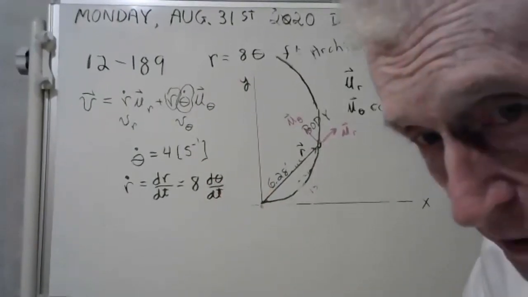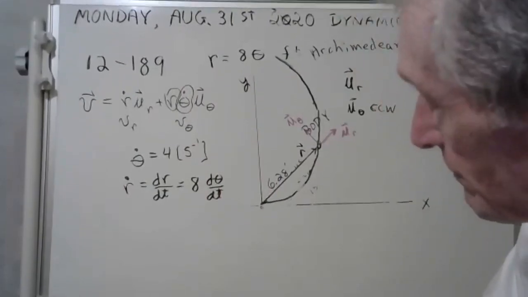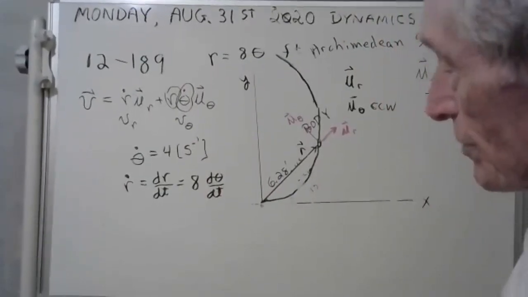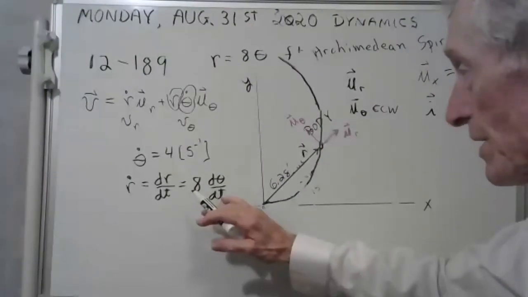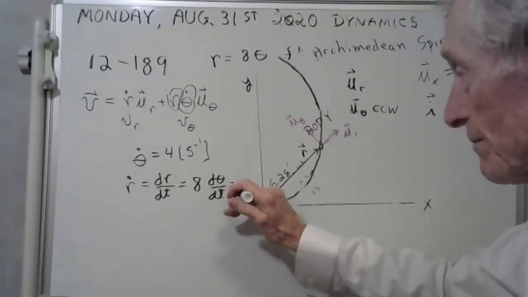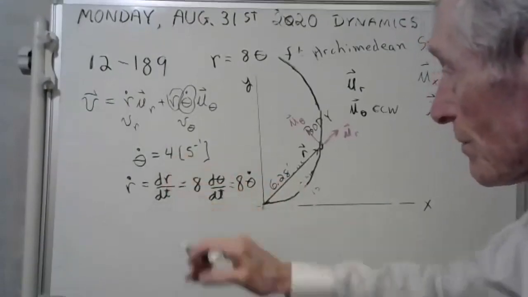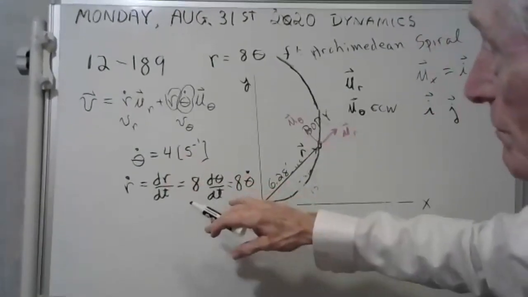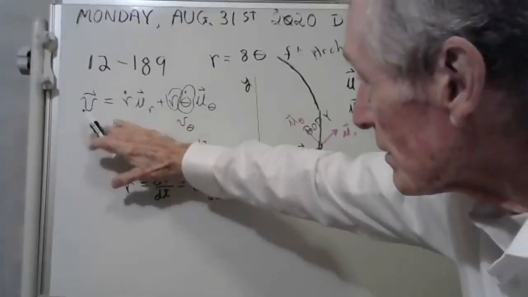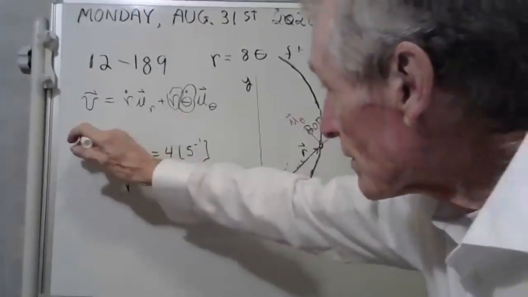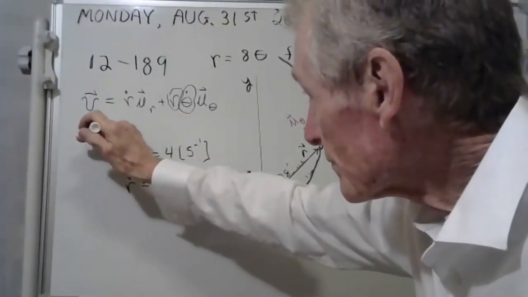I didn't lose anybody on that, did I? I hope not. Or you could just say 8 times theta dot, which is fine. 8 theta dot. And we know theta dot, it's 4. So that's 32. So hey, we got this. Let me write the numbers in here and we'll do it. Here's the velocity.